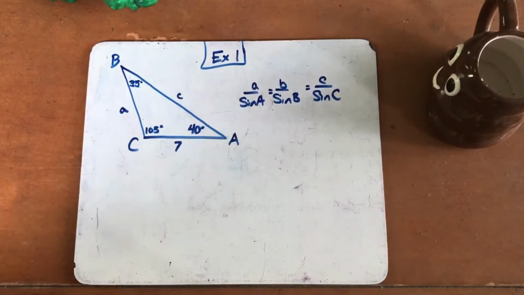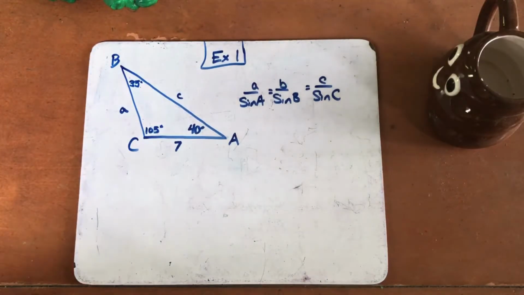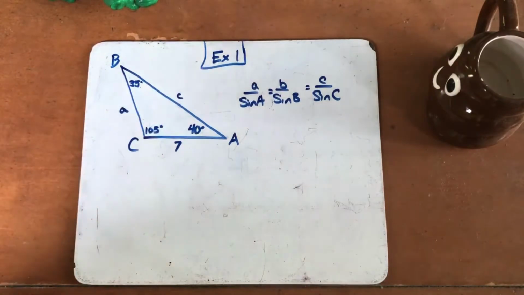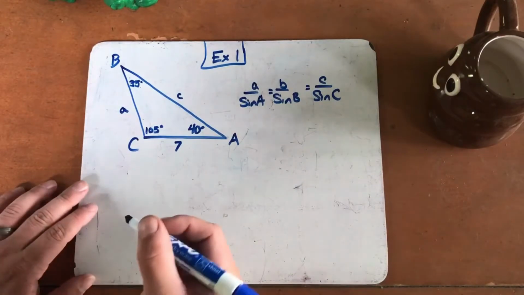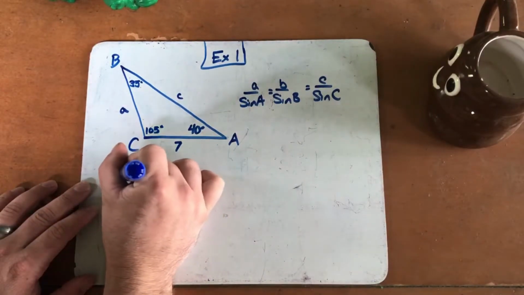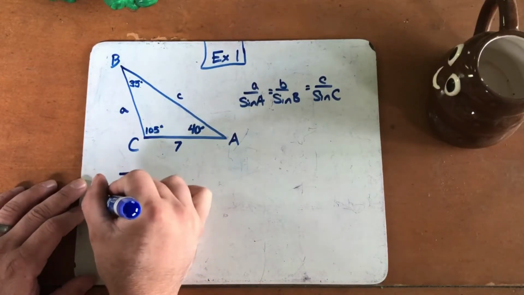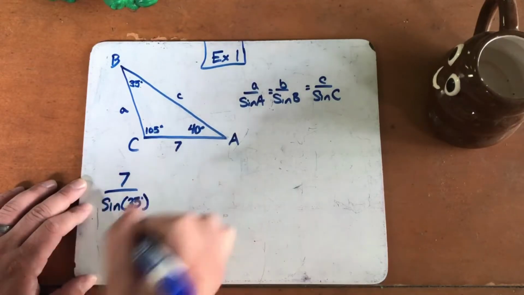So let's start by finding side C, okay? I'm using angle B and side B, and I'm going to find side C since I know that this is 105. When I set it up, side B, 7, would have to be over the sine of 35 degrees.